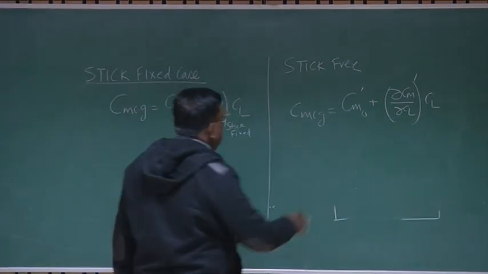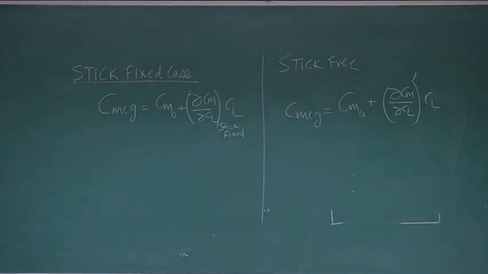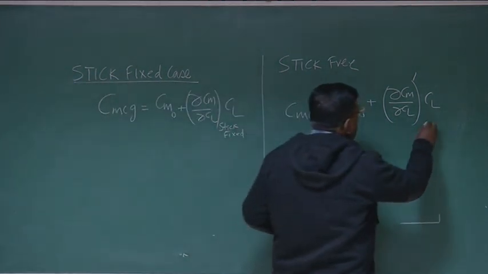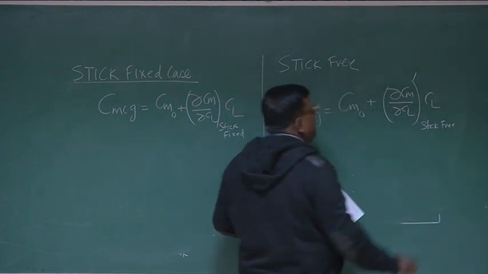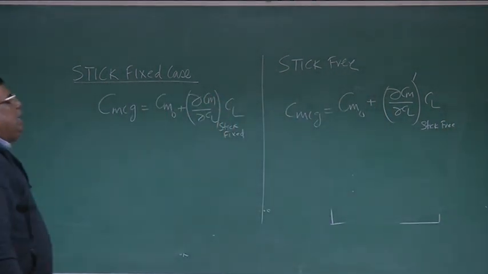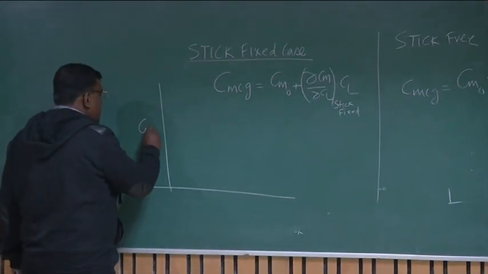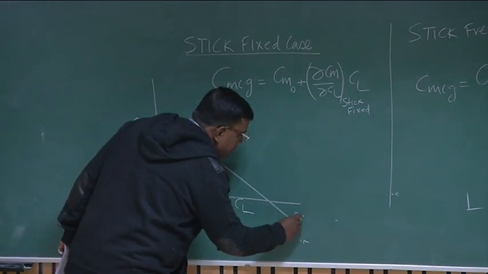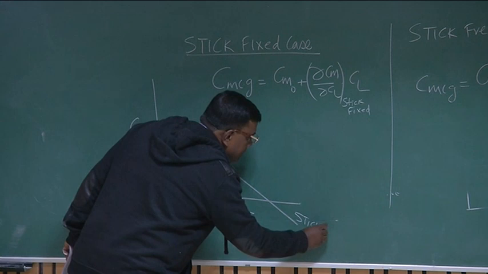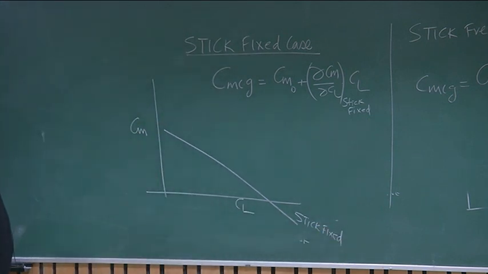For the time being, I will not bother you with CM naught. Focus on dCM by dCL prime. What is the meaning here? It is stick fixed and it is stick free. Okay? How are they different? If CM versus CL, let's say this was for stick fixed. Now for stick free, what has happened?